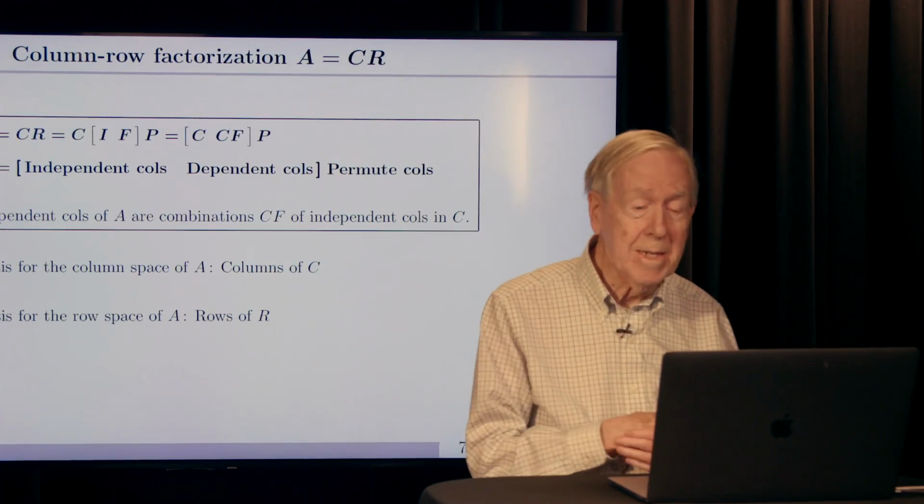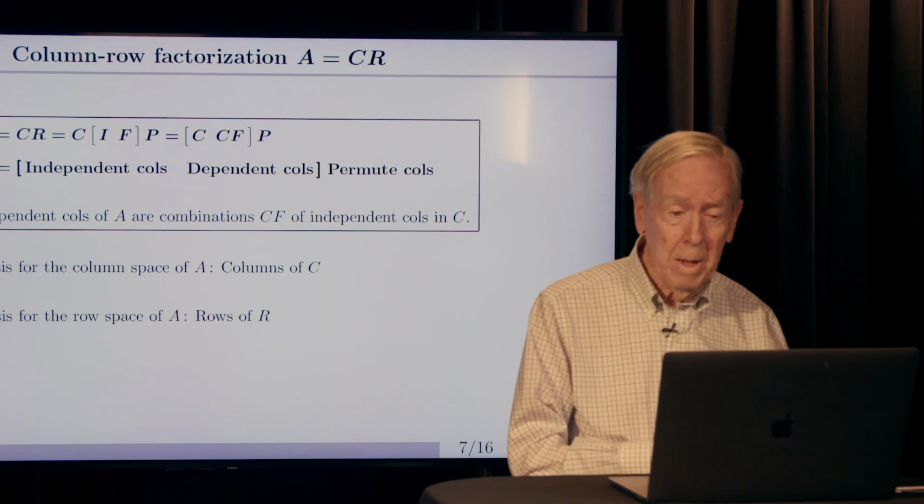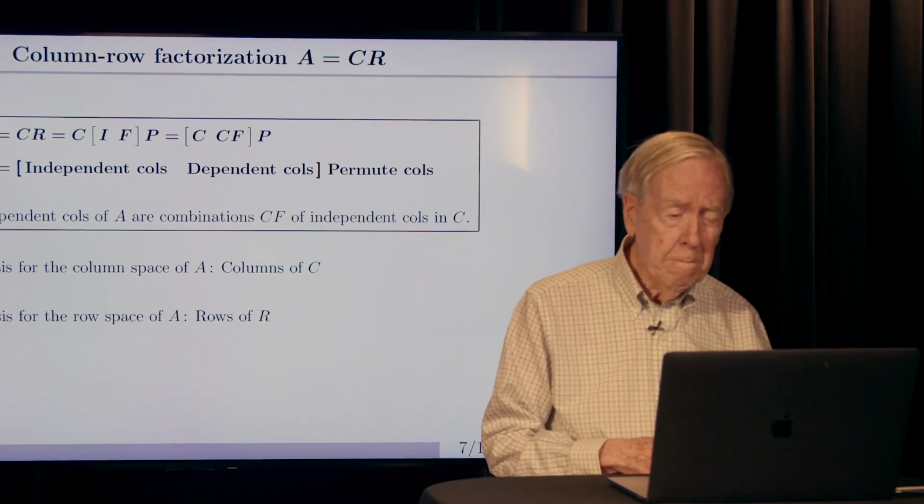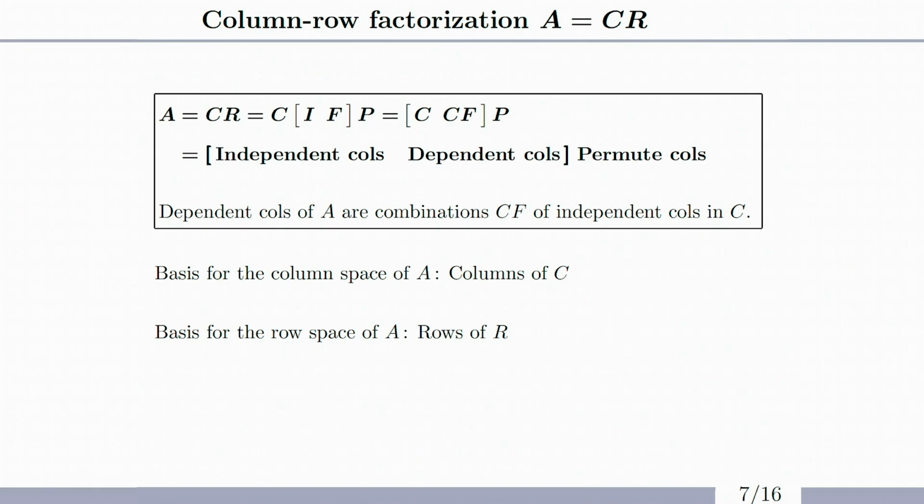Oh, and this is here. Now you're seeing the new start, this C times R. So that's what I'm suggesting, that if you give me a matrix, the first thing I would do would be to find independent columns. Those would go into C. And then the matrix R, well, we've seen the matrix R, and that would tell me the combinations of those C columns to get A. Yeah, you'll see it.